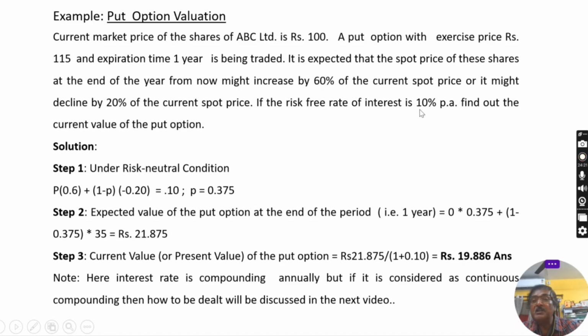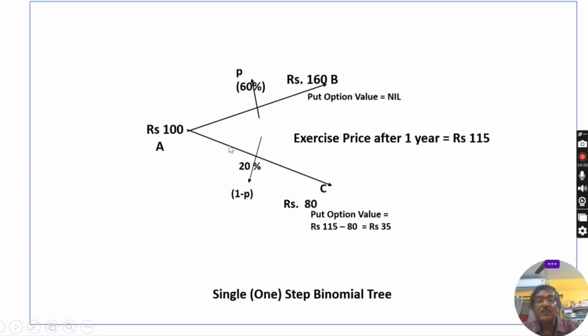If the risk-free rate of interest is 10% per annum, your period is also 1 year. There is no problem. You do not have to divide it as in the previous case. Find out the current value of the put option. So first see the picture. The initial price is 100, with a 60% increase. What will be the expected price after 1 year?